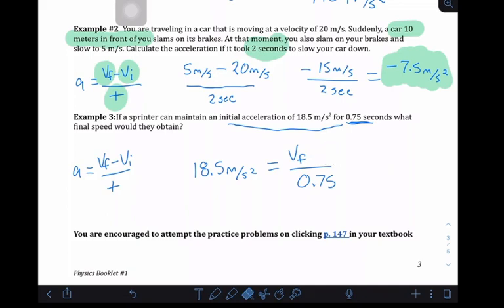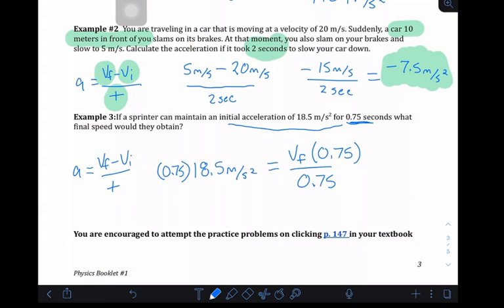Now we have a three-part equation. My final velocity divided by 0.75 will equal 18.5. To get rid of divide by 0.75, I need to multiply by 0.75, but I need to do it to both sides. Why do I do it to the right?